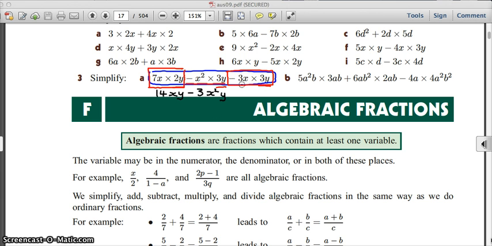And then what would this be? So, okay, so we've got the sign of a negative and a positive. So what's the answer going to be? What's a negative multiplied by a positive?